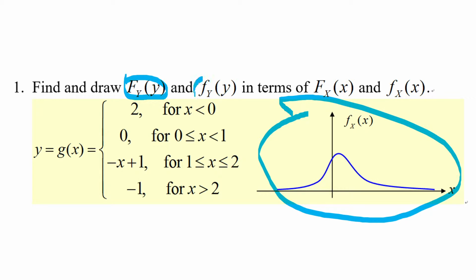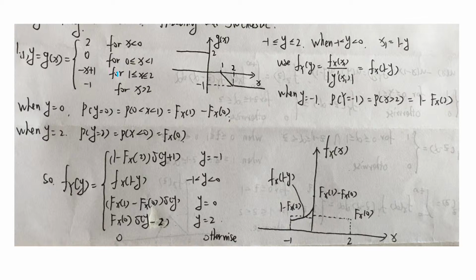F_Y(y) and f_Y(y) based on the diagram of the x-axis here. First, we already know that y equals g(x) equals this big part, for different circumstances here. So we can just draw the diagram of g(x) based on this function. The diagram looks like this.